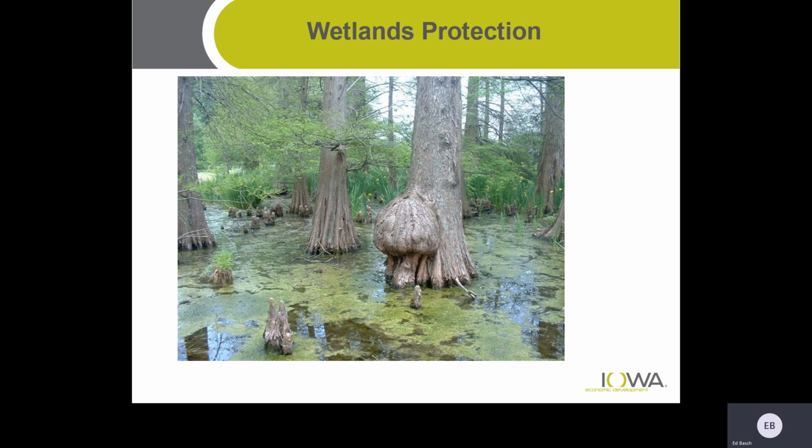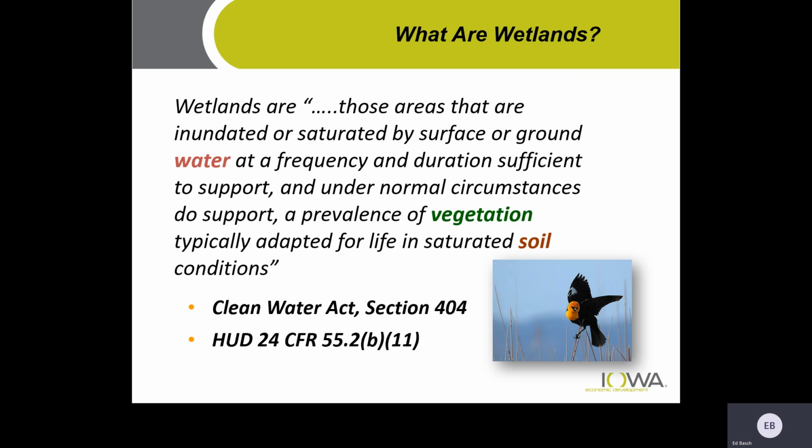All right, wetlands. Similar to floodplains, not quite the same animal though. Wetlands are areas that are inundated or saturated by surface or groundwater at a frequency and duration sufficient to support, under normal circumstances, vegetation typically adapted for life in saturated soil conditions.